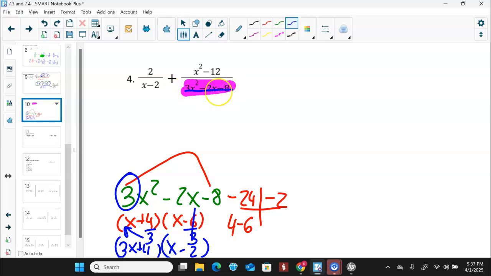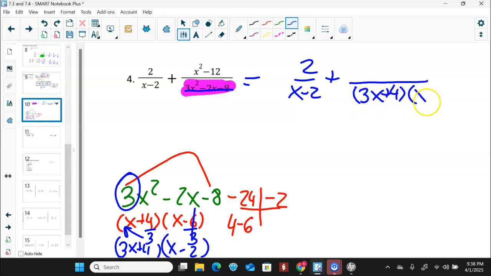That means that instead of this, I'm going to have these factors. So let's rewrite it. I got a 2 over x minus 2 here, plus, and on the bottom now, I'm going to have these factors: 3x plus 4 times x minus 2.